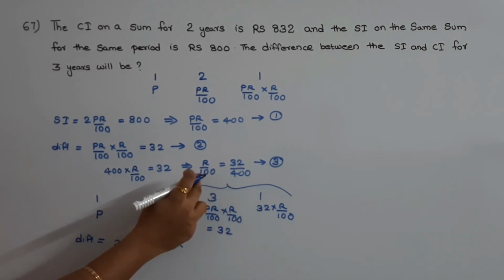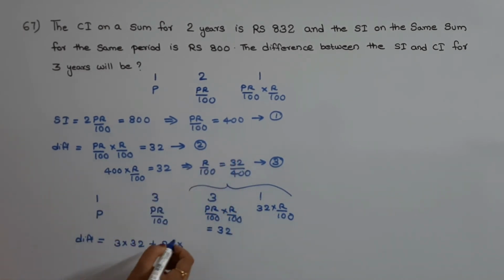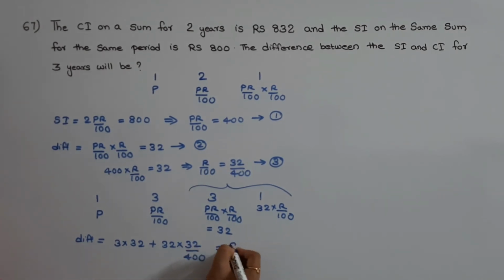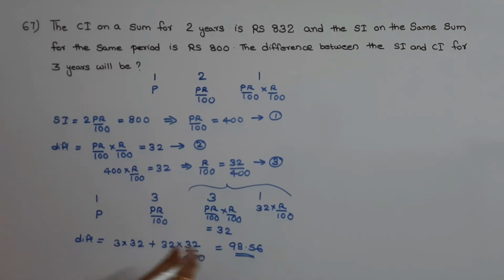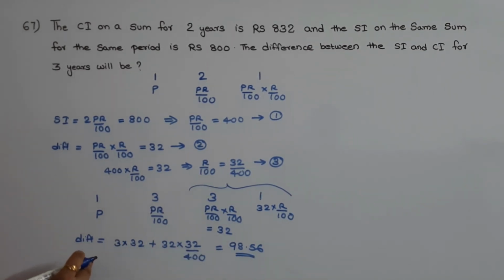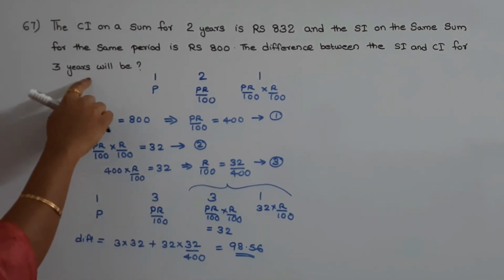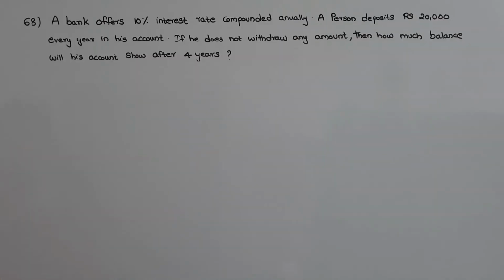R by 100 we found it as 32 by 400. So we can write here it as 32 by 400. So on solving this, you will get the value as 98.56. So this is the difference between simple interest and compound interest when the time period is 3 years.